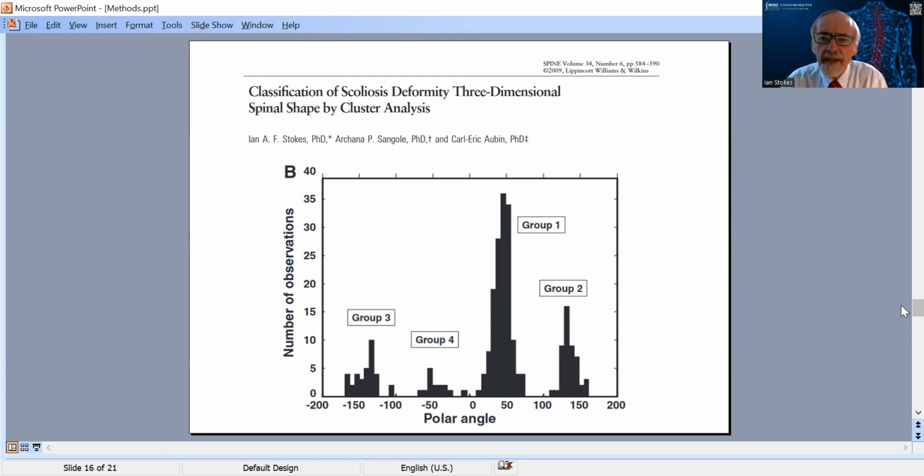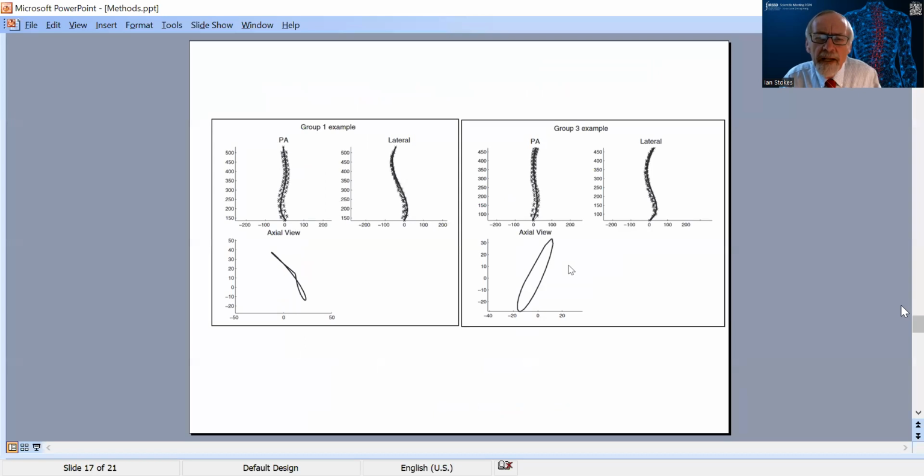It was essentially the relationship between the plane of maximum curvature in the upper curve and that in the lower curve, so a compound measurement of planes of maximum curvature. And the groupings were quite distinct.